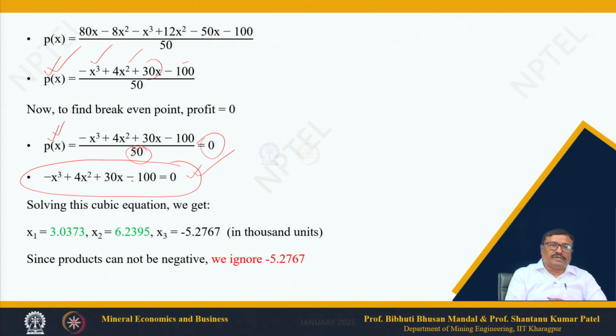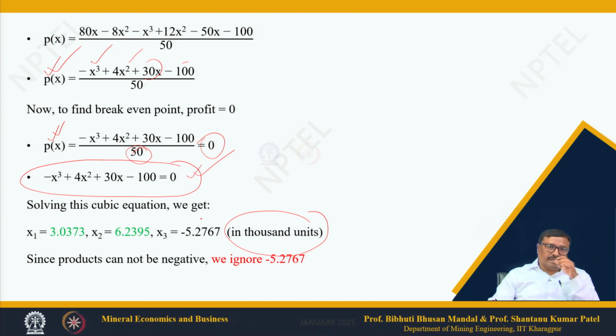Solving this cubic equation, we get 3 values. One is x1 is 3.0373, x2 is 6.2395, and x3 equals minus 5.2767. Since all these are in 1000 units, I have kept 4 decimal points as a precaution.